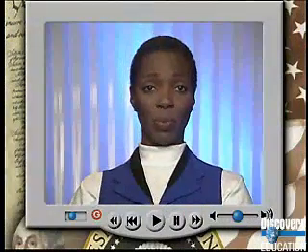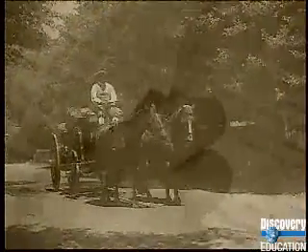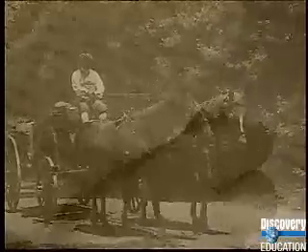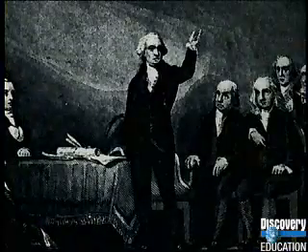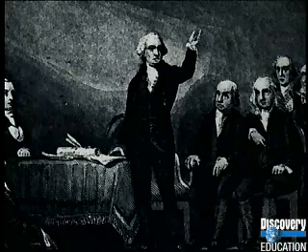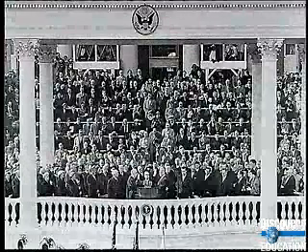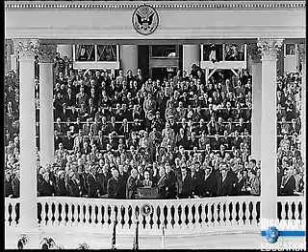The 20th Amendment is another one that came about because of changing times. When the Constitution was written, travel was slow and difficult, so there was a long waiting period between the time the president was elected and the time he actually took office. The 20th Amendment shortened that waiting period.